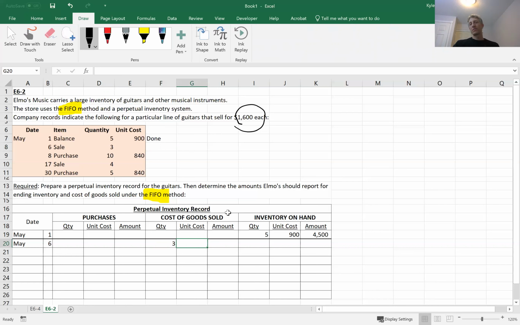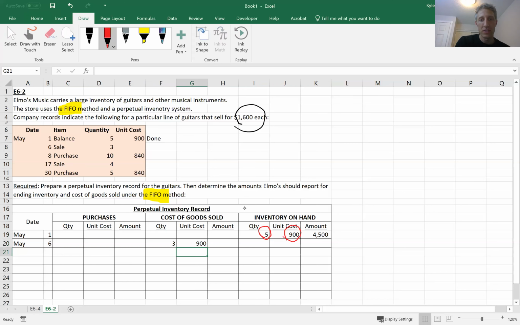Now the unit cost is first in, first out. Currently, we have 5 units, and the unit cost of those 5 units is $900. This is what we currently have on hand. So I'm going to take that 900 and move it here.